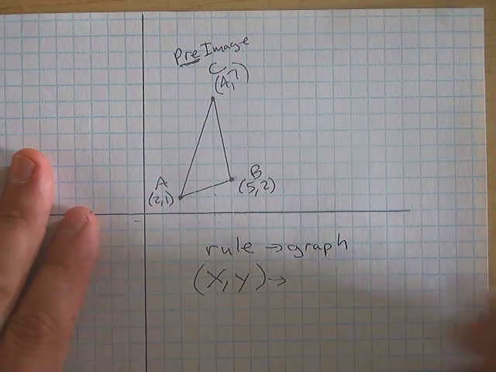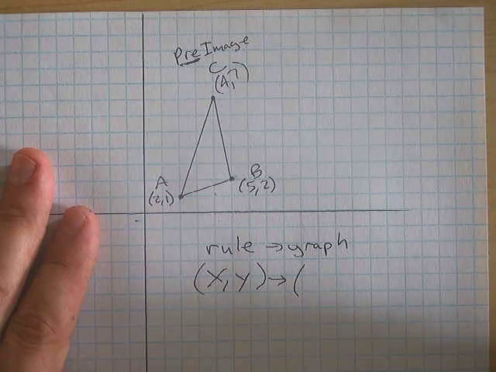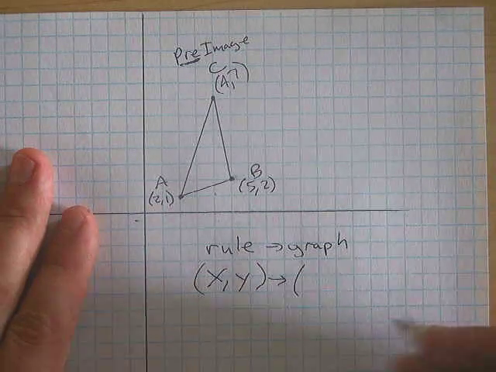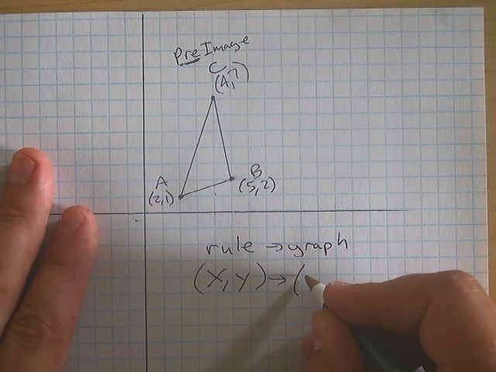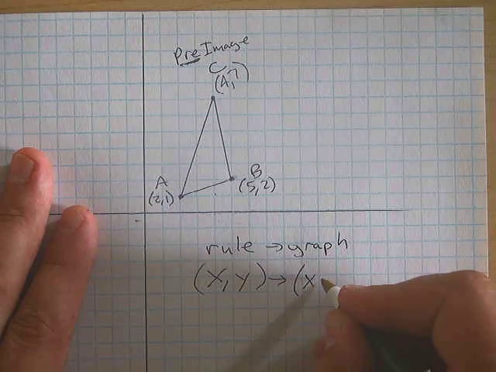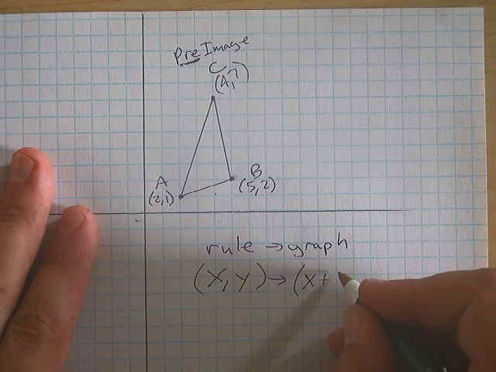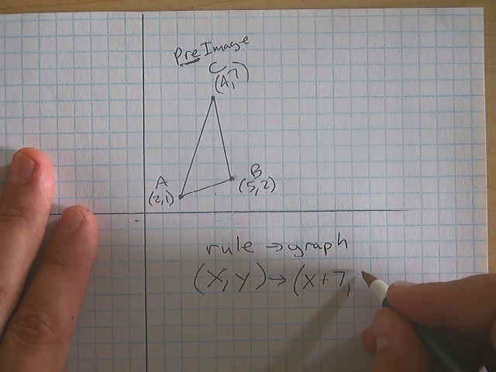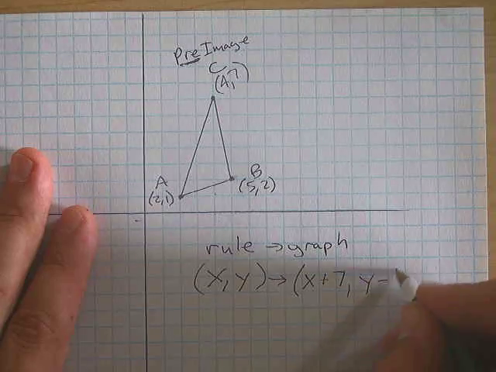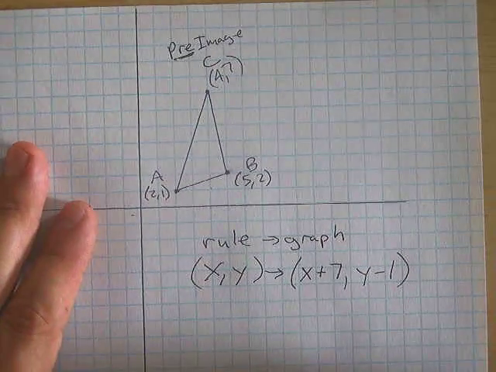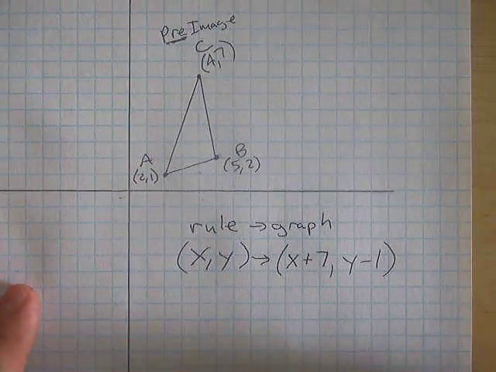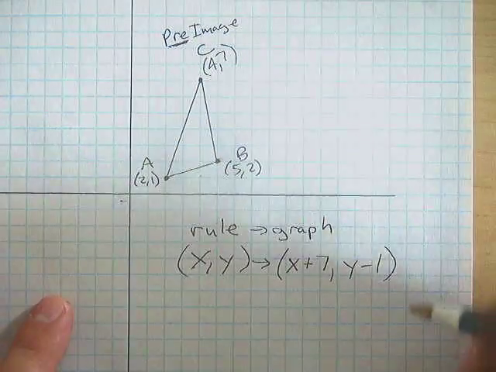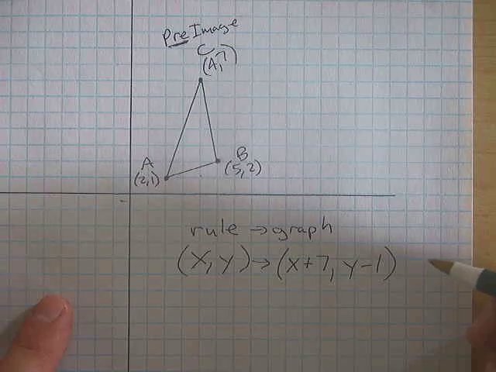My rules are going to start with (x, y), and they're going to tell me how I'm going to be changing x or y. For translations, we're just adding or subtracting. So I'm going to start with adding. I'm going to say (x plus 7, y minus 1). And this is going to be my rule.